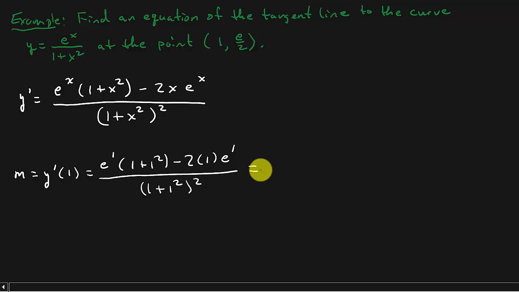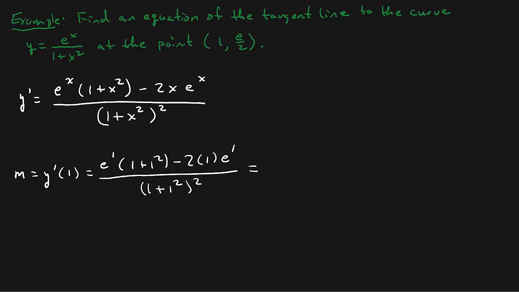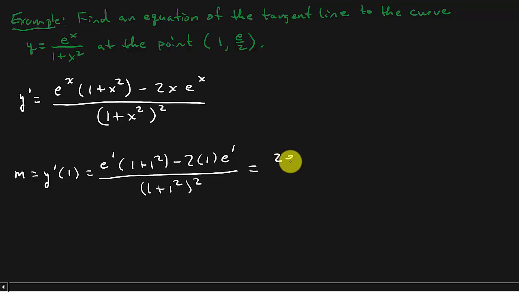And so for the slope, that is actually equal to 0, isn't it? See, this is 2 in here, so that's 2e minus 2e, over 2 squared, which is 4.